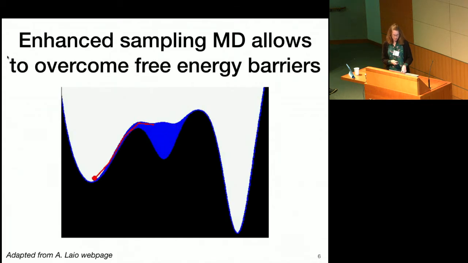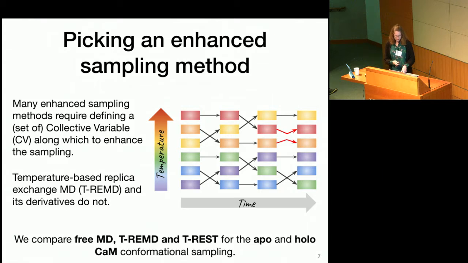conformational landscape. But the problem of many techniques is that you need to have access to a collective variable, or a degree of freedom, that is the slow one, or the ensemble of slow ones, along which to enhance the sampling. This was mentioned already a few times, and yesterday Pratyush showed us that there are now ways to discover these collective variables in a data-driven way.